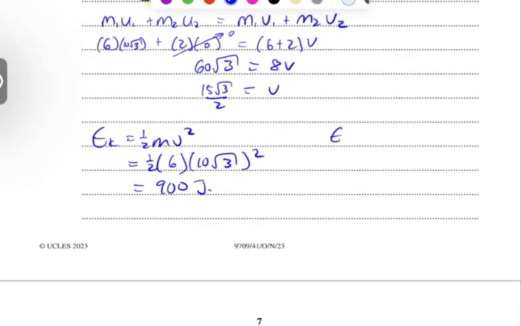And then the kinetic energy after is a half, and then we add up both of our masses, and we have to take our velocity and square it.